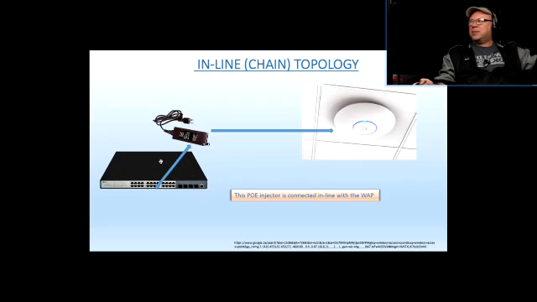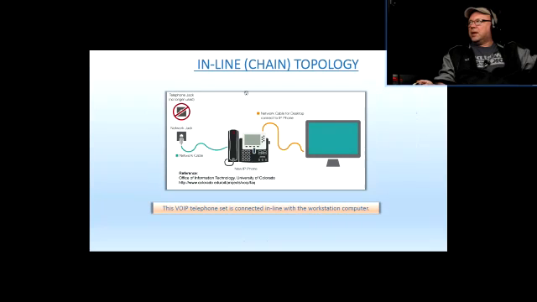So instead of replacing the whole switch, you can buy a device that is called PoE injector, so power over Ethernet injector. So the signal is plugged into this PoE injector, and from then on, the wire contains the signal and the power. So it's called PoE injector, and it's connected inline with the whole system, right?